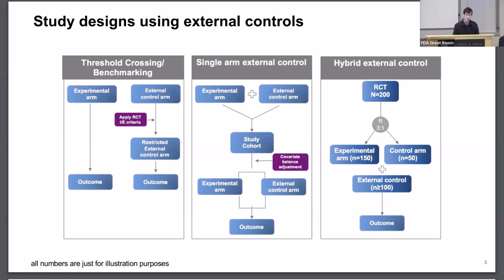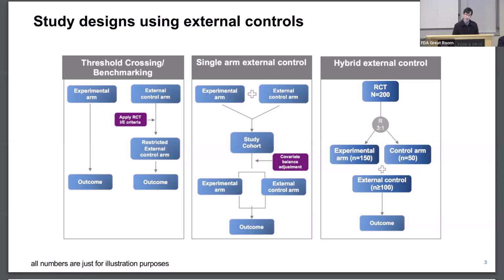In the middle one, you have a single arm external control study, where you have the external experimental arm in combination with the external control arm, and then forming the cohort, but then you would do covariate balancing or adjustments so that you can make the comparison between the two.